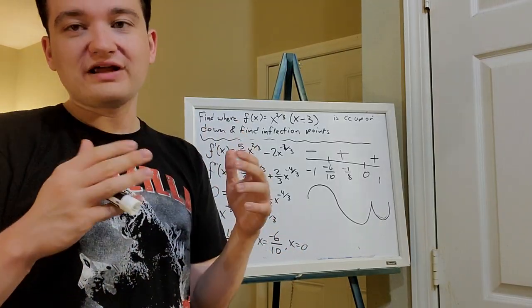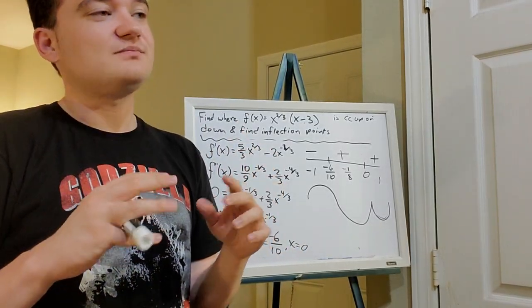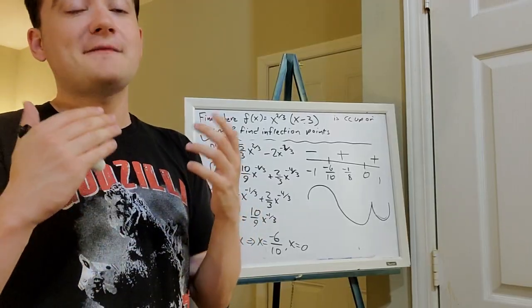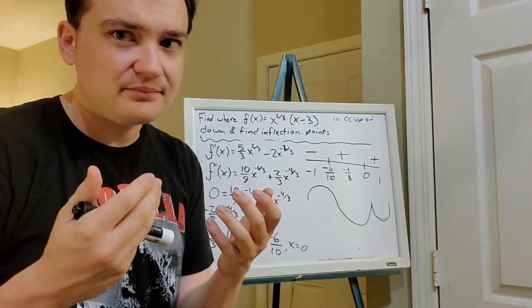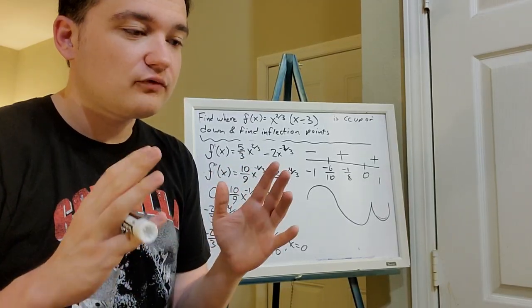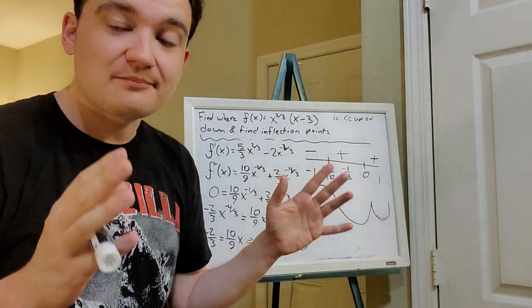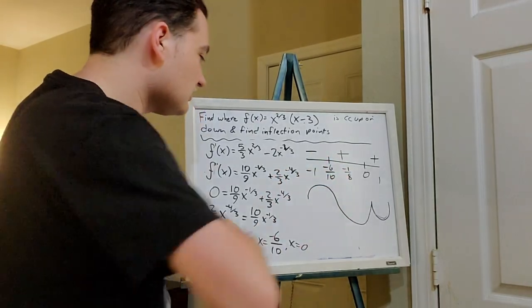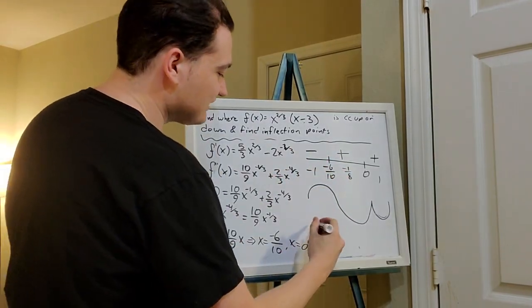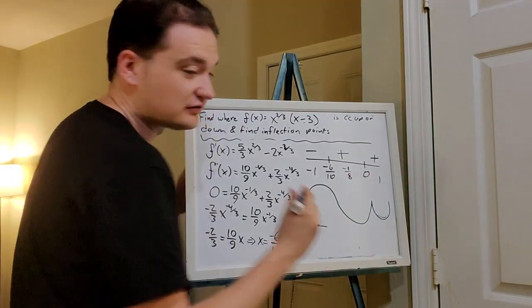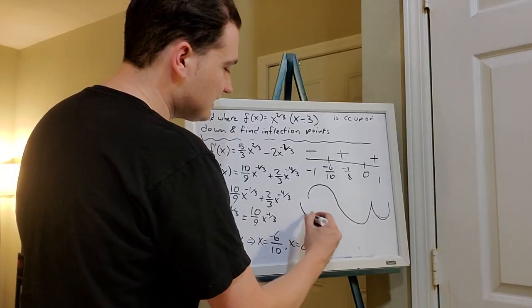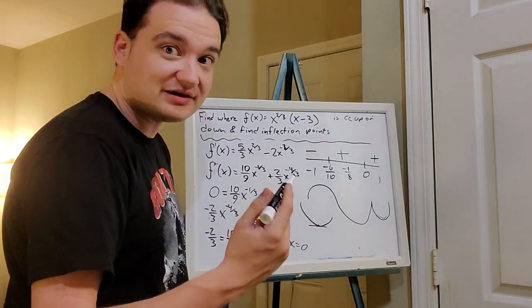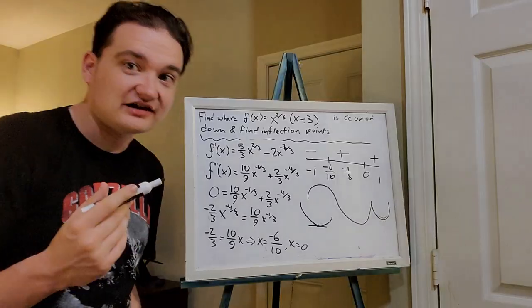If a point is a critical point and it's concave up, that's going to be a minimum. Why? Consider a place where the derivative equals 0. If the derivative equals 0 and it's concave up, we have to be at a minimum. That's called the second derivative test.